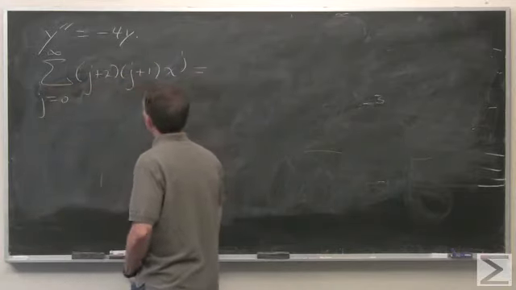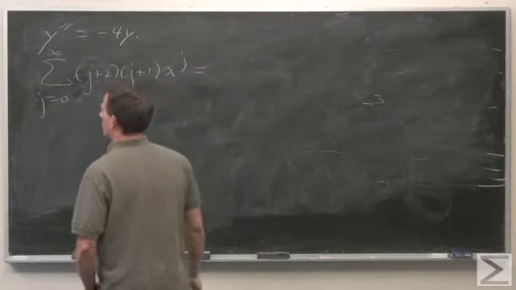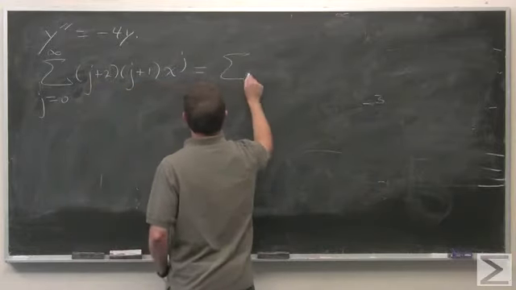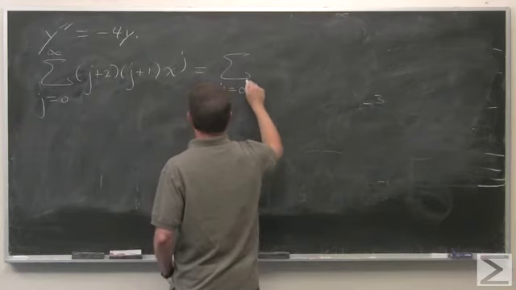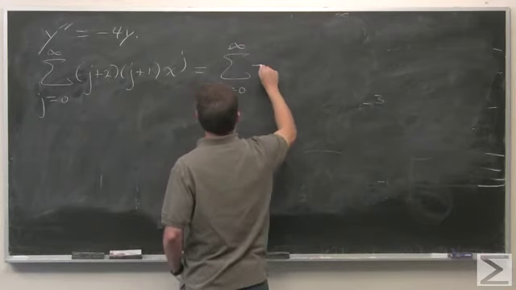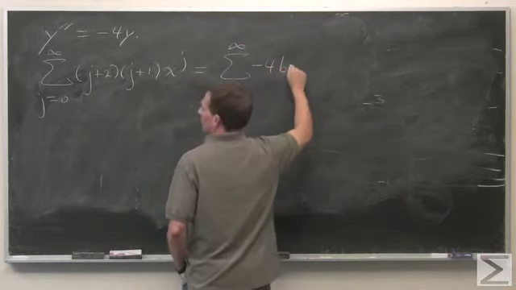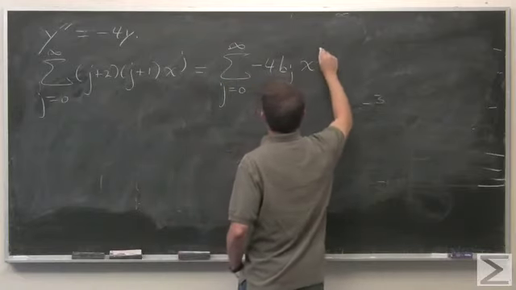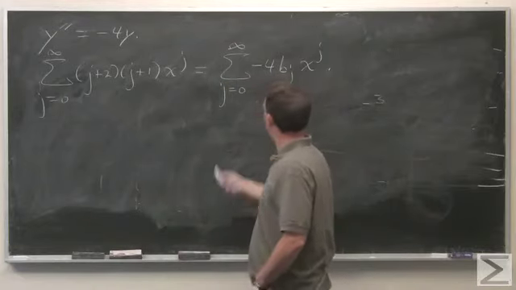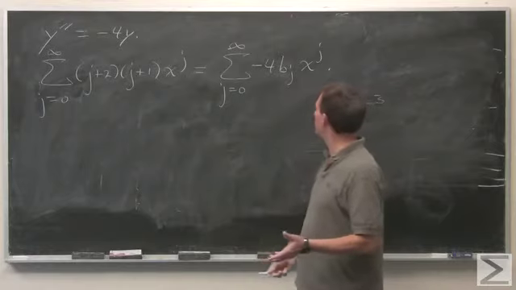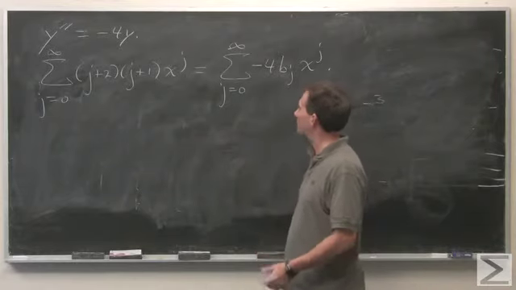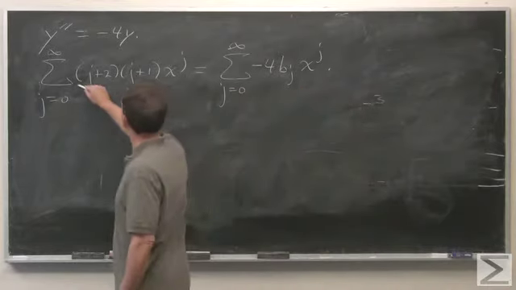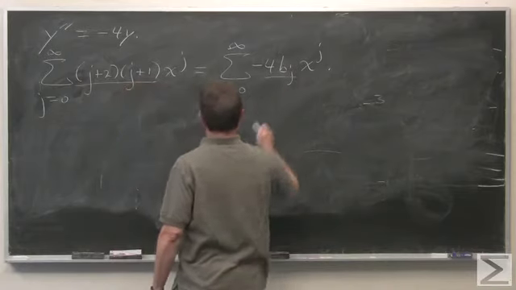And minus 4 times y, so it's minus 4 times our original series. I'll move the minus, but using j for the index now: minus 4 b sub j x to the j. So the summations match. They both start at 0. They both have powers of x to the j. For all j, you need that coefficient to be that coefficient.